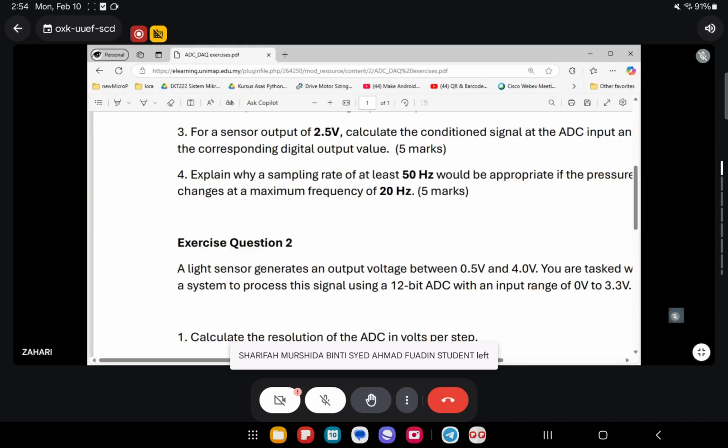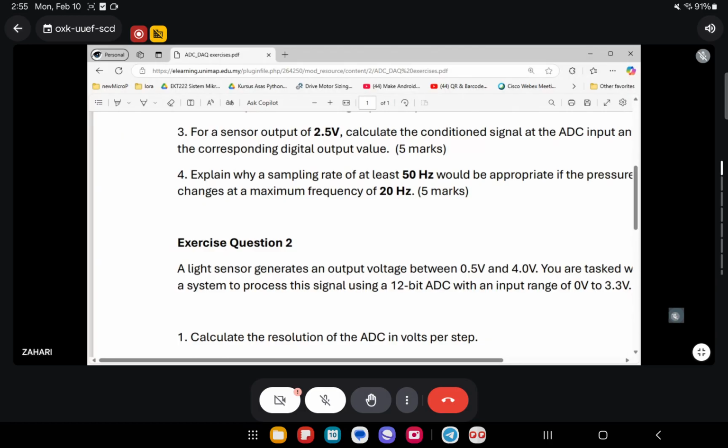Because this one is 3.3 volts, you calculate 3.3 minus 0, starting from 0, over 2 to the 12, where 12 is the resolution bit of the ADC.